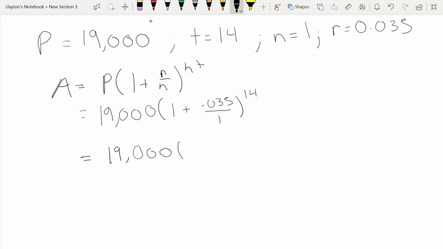And so, of course, if we simplify this, we end up with 1.035 raised to the 14. And so now we have something where we can just go plug this in.